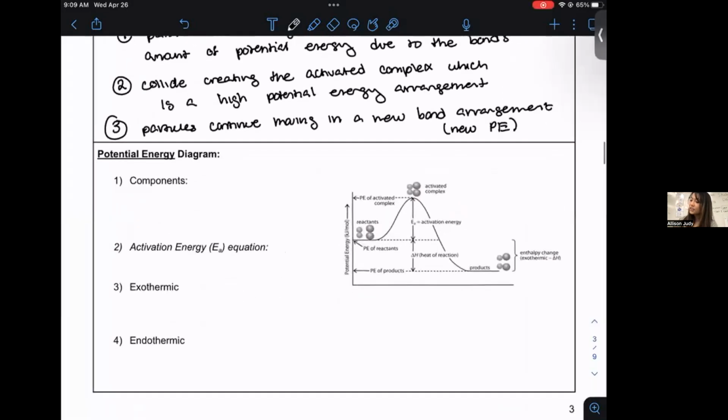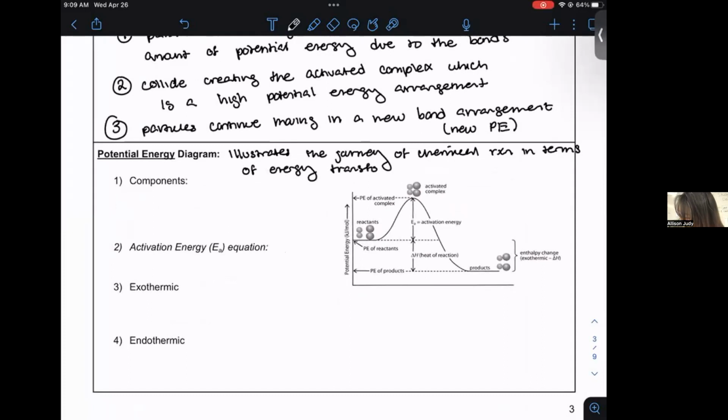So a potential energy diagram illustrates the journey of a chemical reaction in terms of energy transformations. And particularly, we're going to focus on the perspective of potential energy, hence why we call it a potential energy diagram.